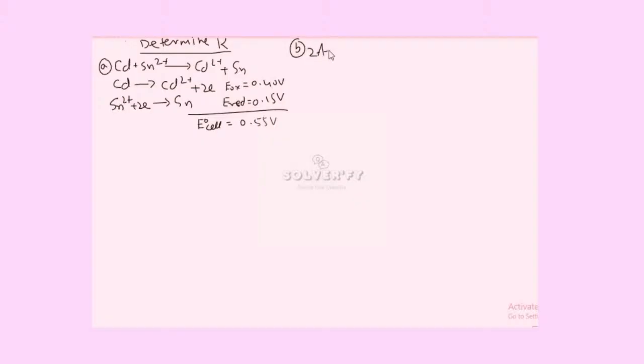For reaction B, aluminium reacts with 3 cadmium ions forming 2Al3+ and 3Cd. In this reaction the aluminium oxidizes into Al3+, releasing a total of 6 electrons.